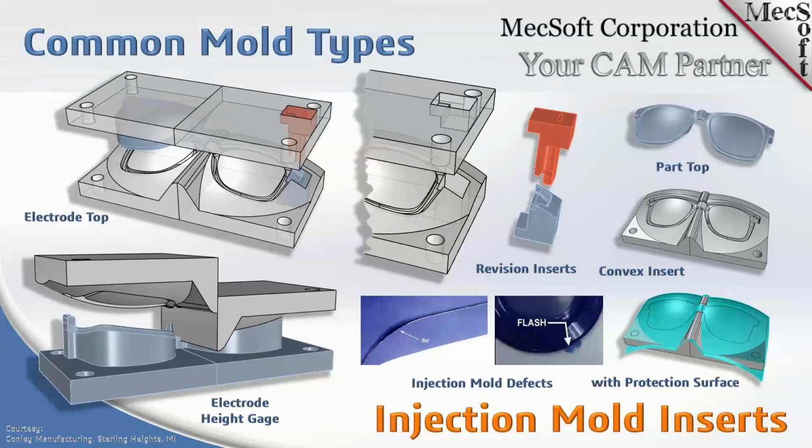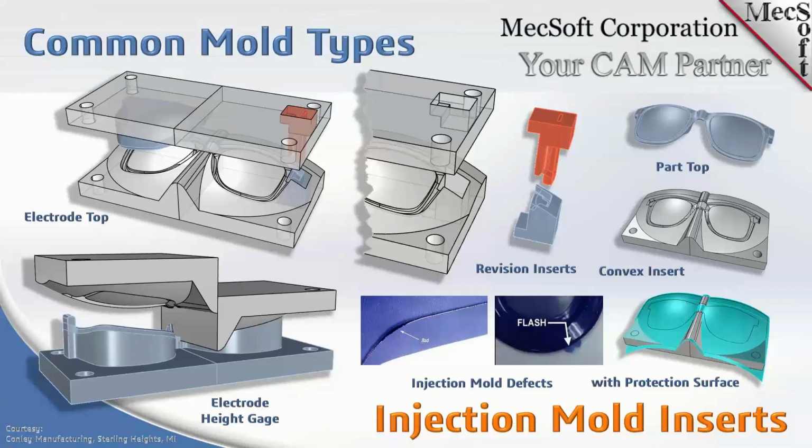Both the insert and the graphite are submerged in a dielectric solution, and as these two components get closer and closer to each other, about 4 thousandths apart, the electricity starts arcing from your insert to your graphite, and both parts are actually vaporized in the process.